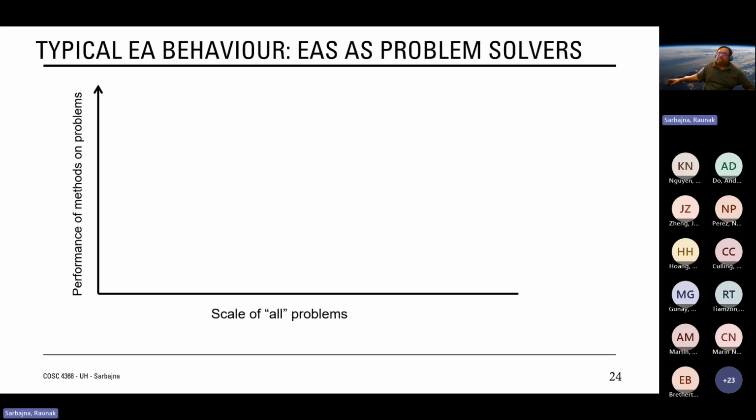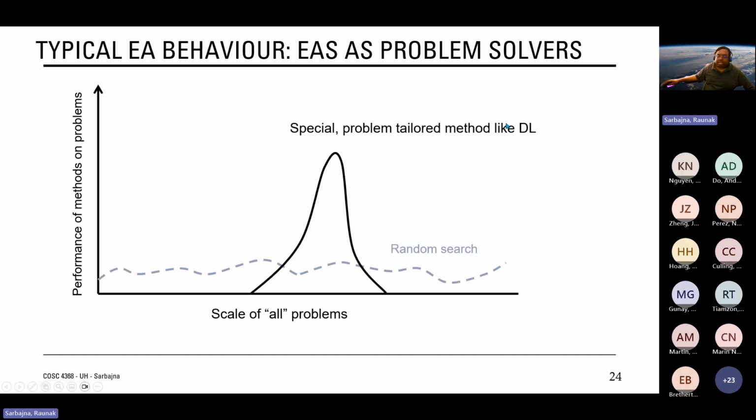And this is generally how people depict it. There are the random search methods, depth first search, breadth first search, etc. And then there are very highly specialized problem search methods, like deep learning methods, which, if you fine tune them on a problem, are going to give you superhuman solutions.